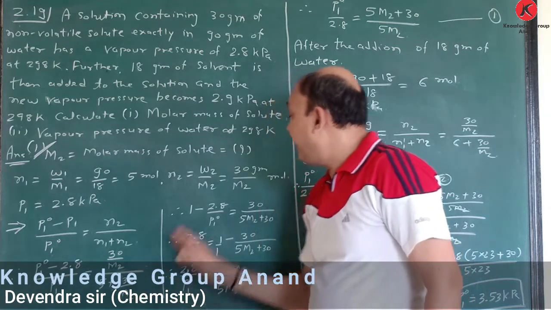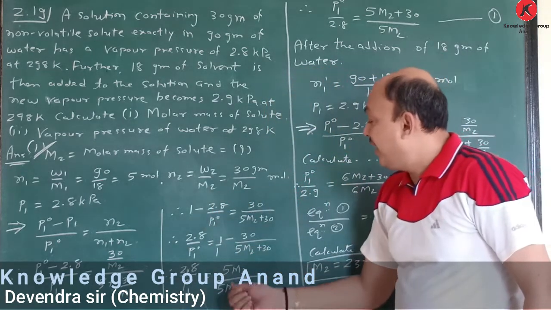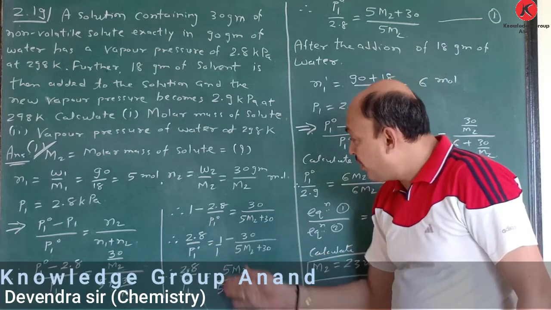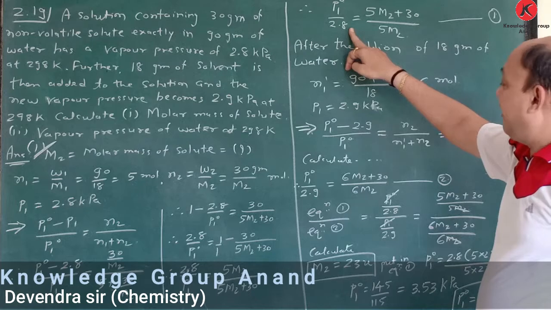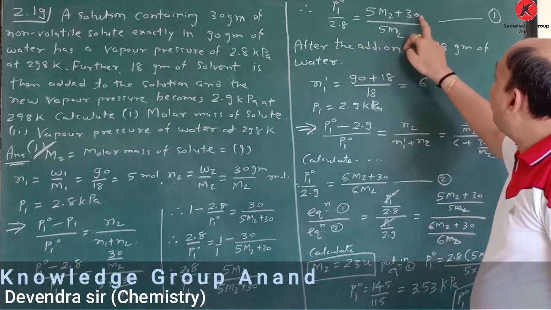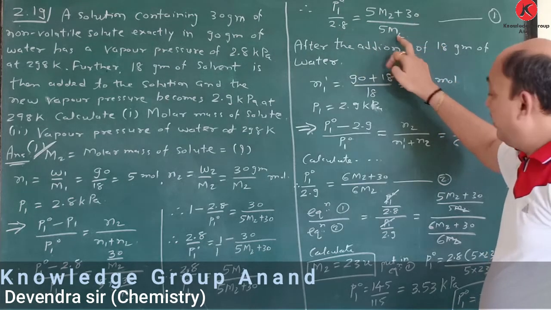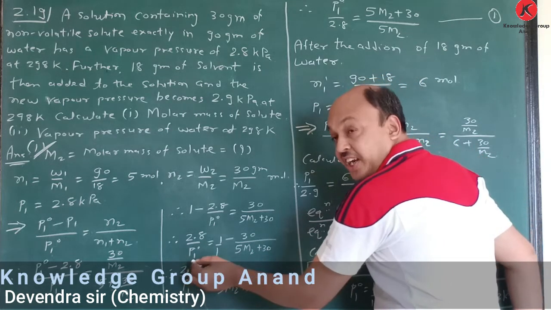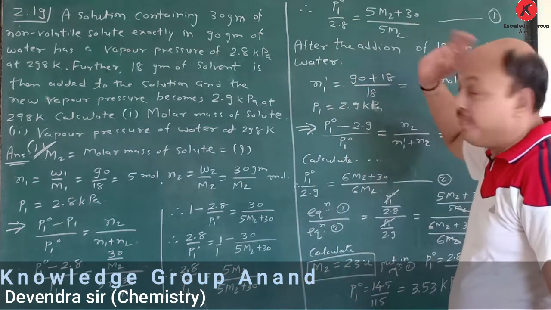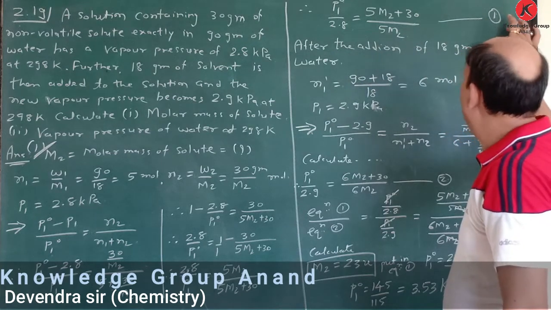If you put the values and calculate, you obtain P1° divided by 2.8 is equal to (5M2 plus 30) divided by 5M2. Understand this, this is a reciprocal or cross multiplication, so P1° comes upper side. So this is equation number 1.